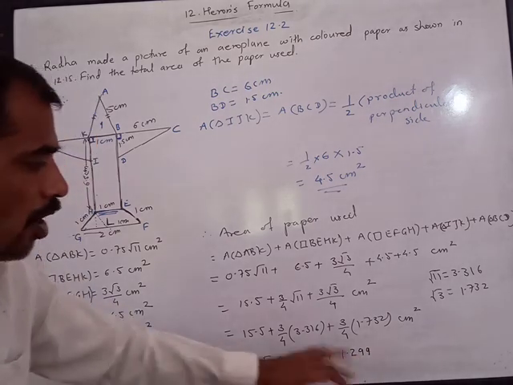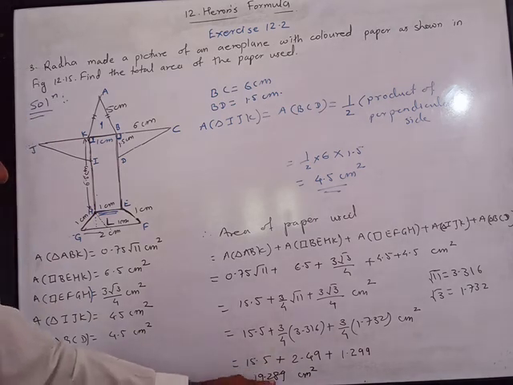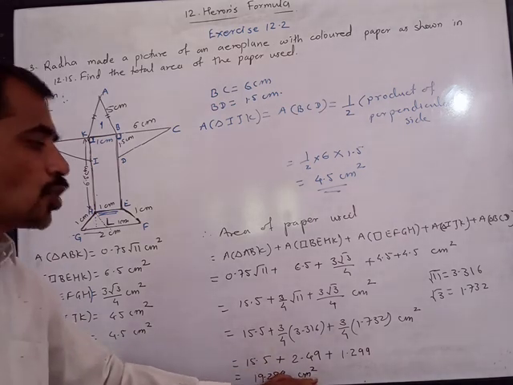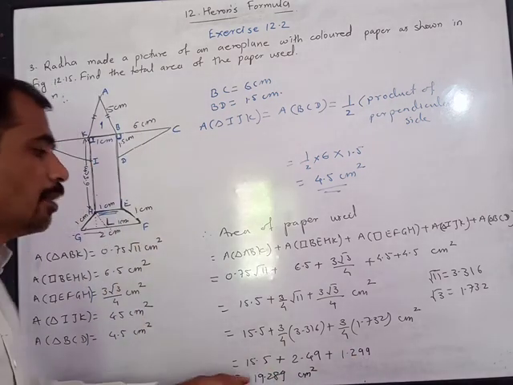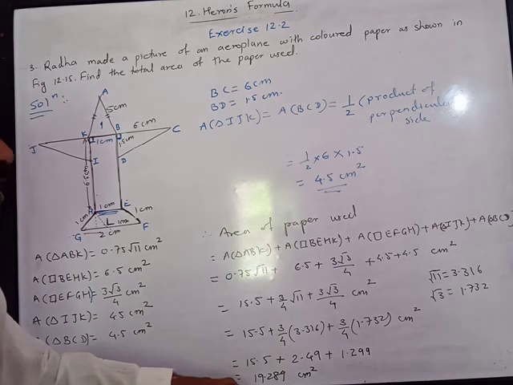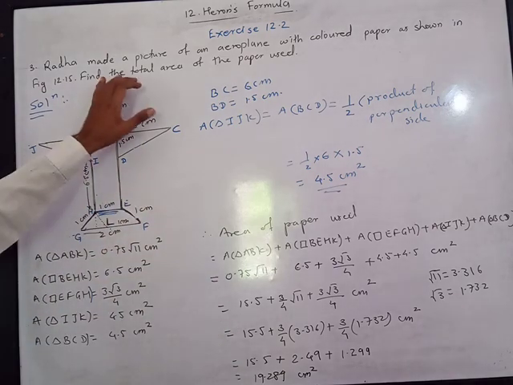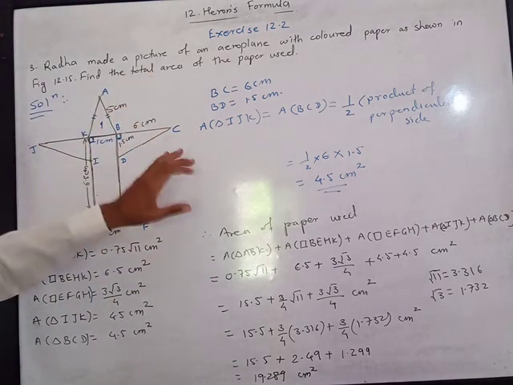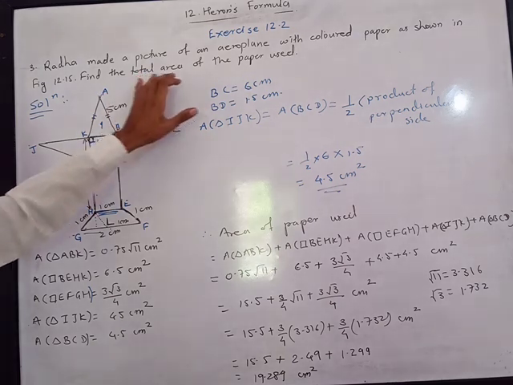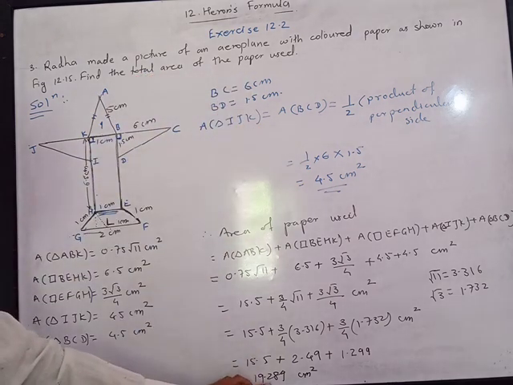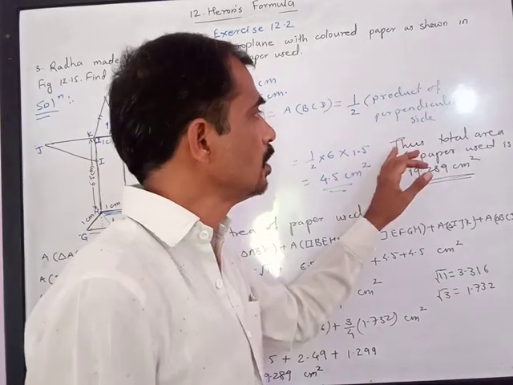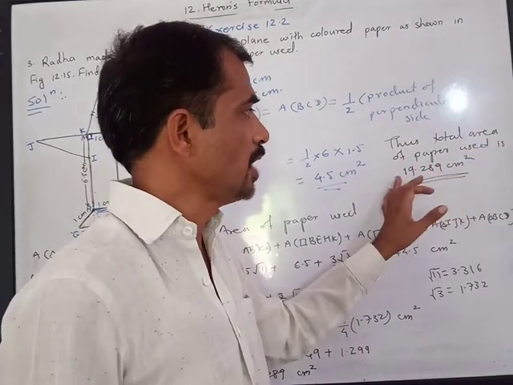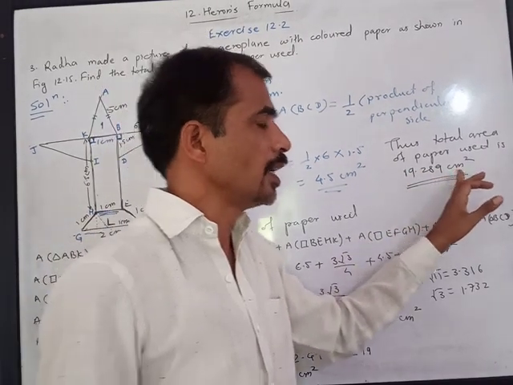So if you add all this, you will get 19.289 centimeter square. Thus the total area of paper used is 19.289 centimeter square.